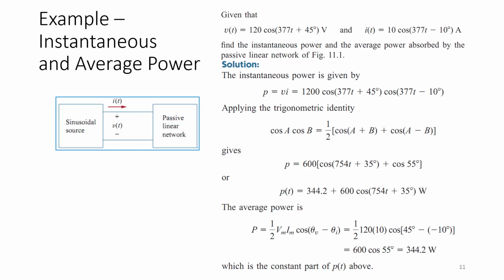The instantaneous power is given by p equal to the product of v and i, so just multiply both these equations, and this identity we have already seen. We can put in the values, so there is the constant part and the time dependent part. From here we can directly say that this is the average power. However, if we need to calculate it, we can use this formula and it will result in the same value, 344.2 watts.